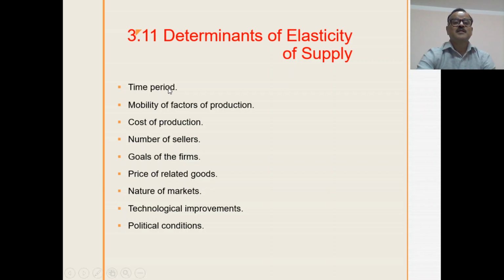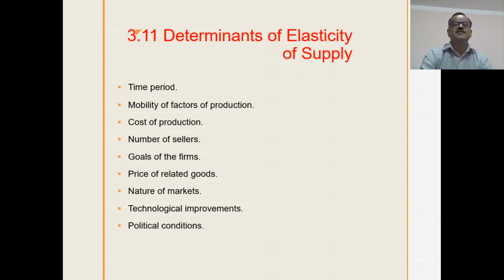Time period is a very important determinant of elasticity of supply. If it is a long time, elasticity of supply may be very less. If the time is very short, elasticity of supply may be high or greater than 1. So it depends upon the time to determine elasticity of supply.